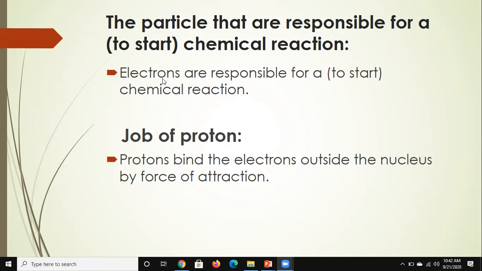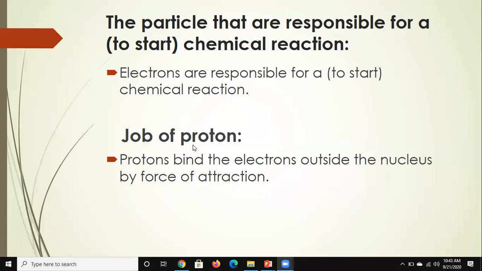They will leave their atom and be accepted by another atom. Some atoms leave their electrons, some atoms gain electrons. In this way, the chemical reaction will proceed and we will get our desired product. So, one simple statement: electrons are responsible for starting a chemical reaction.